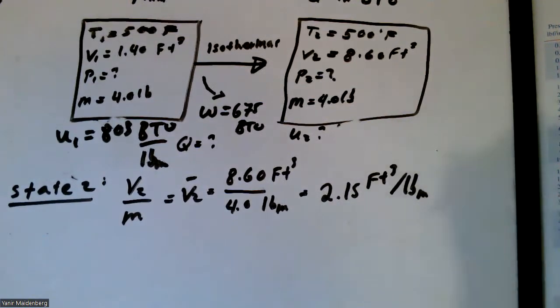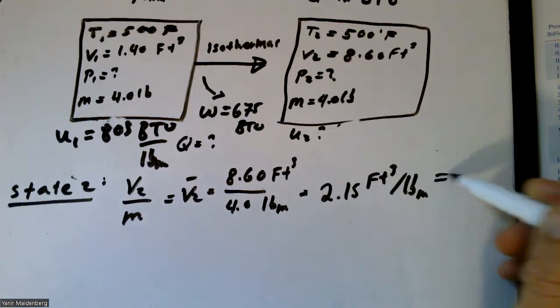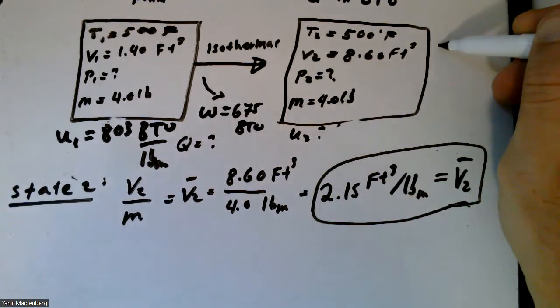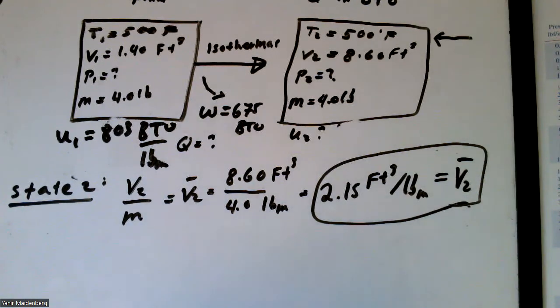So now I have a V bar, and I have a temperature of 500. Both of those can help me figure out which table I want to use.